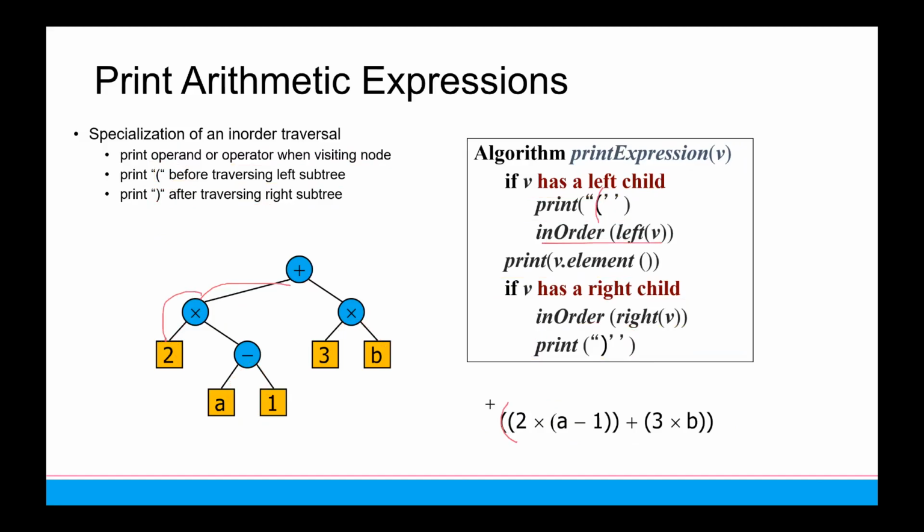So again left, and then 2, multiply, and then we go to in order here and print A, and then minus, and then 1, and then close the bracket, plus 3 multiplied by B. So this is the sequence with the in order traversal.